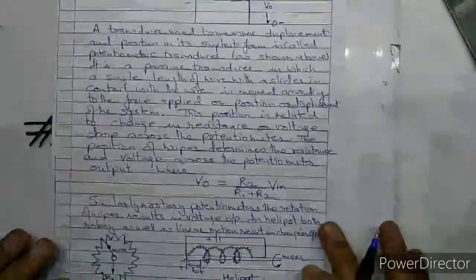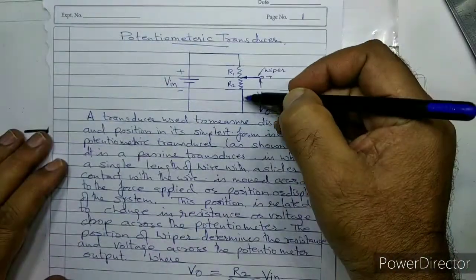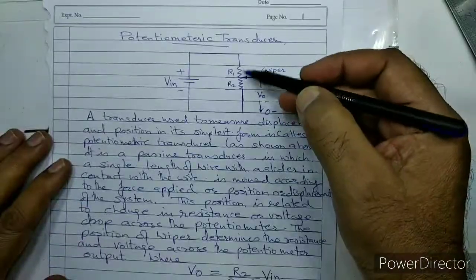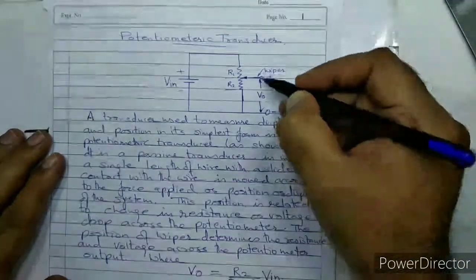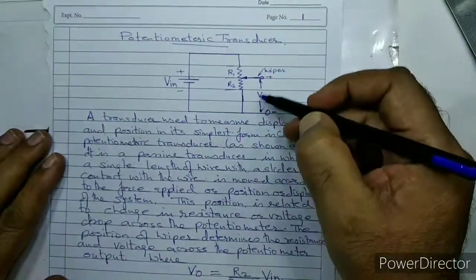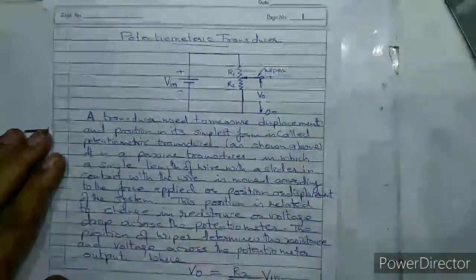So, this is a simple passive resistive transducer, called a potentiometric transducer, where the wiper slides on the resistance wire and according to the position of the wiper, the output varies.